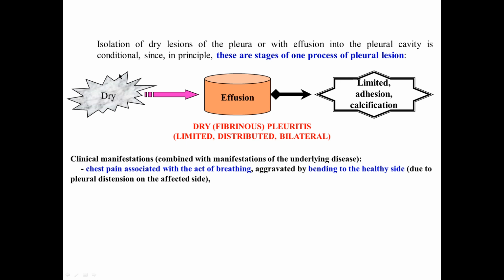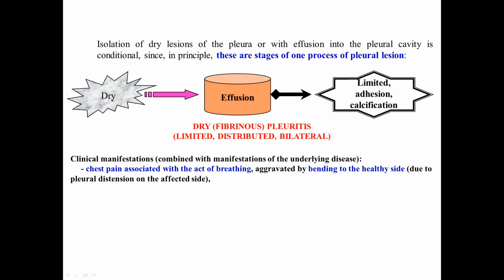The first stage is always inflammation of the pleura, pleurisy developing from the dry stage, and then after the dry stage comes formation of effusion, and then after reabsorption of the exudate, adhesion and calcification of the pleural layers are formed.